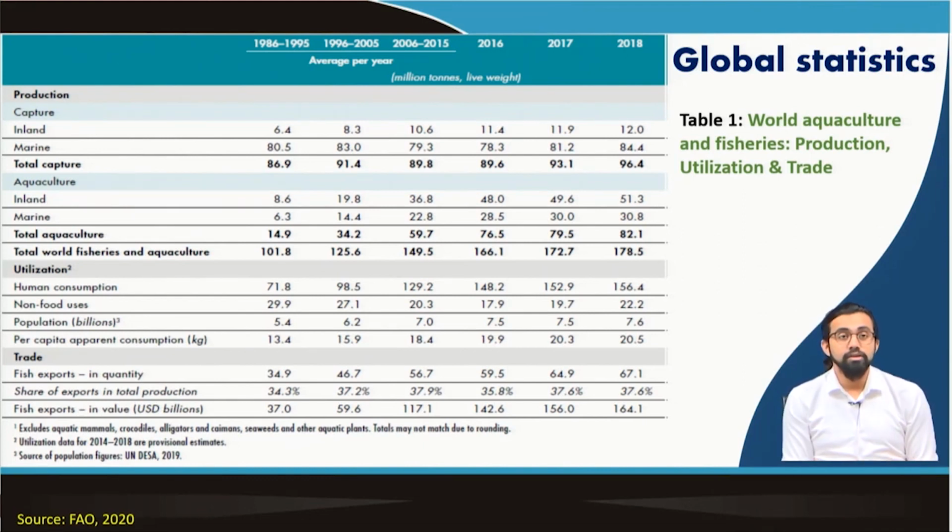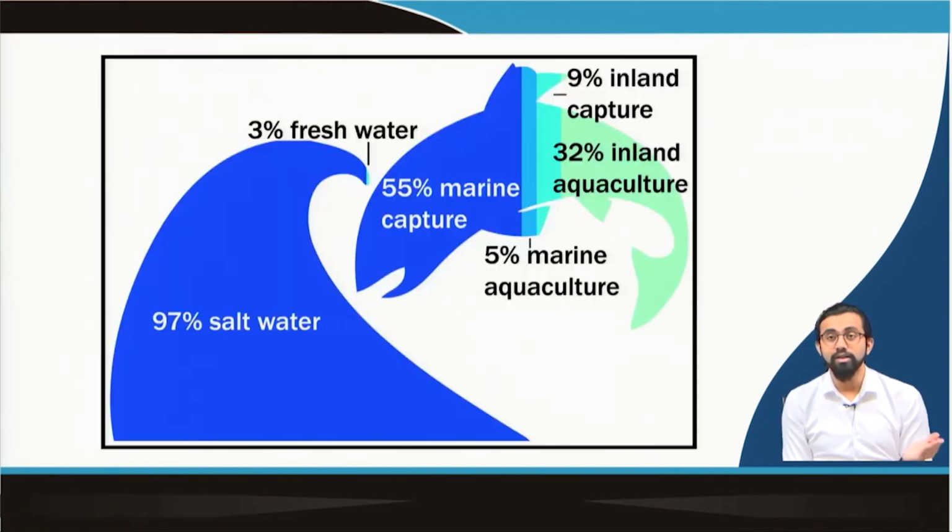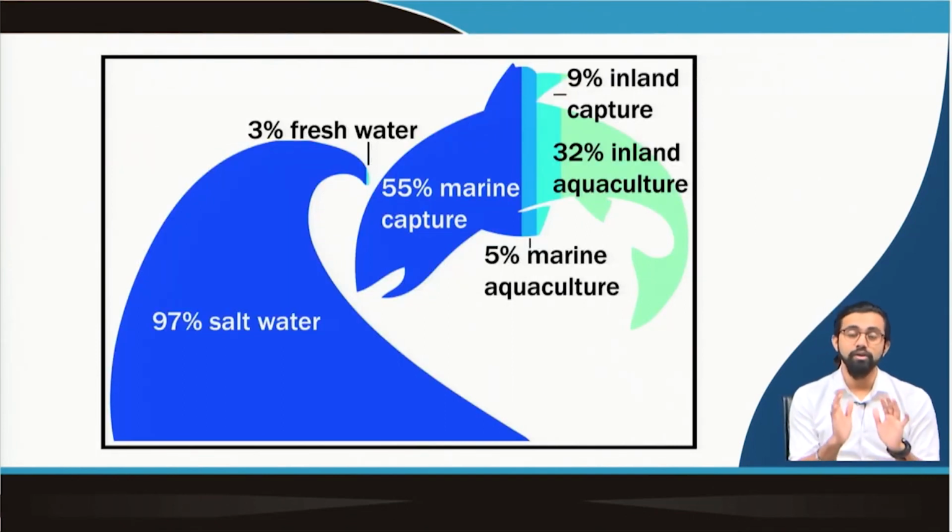Trade, if you see, as of now, fish export in value comes as high as 164 billion USD. It's a huge amount of money, and that's what I was discussing: the time is changing. Aquaculture will become something very special.